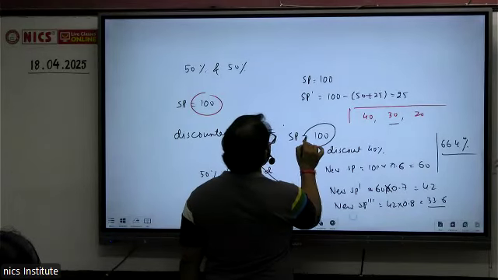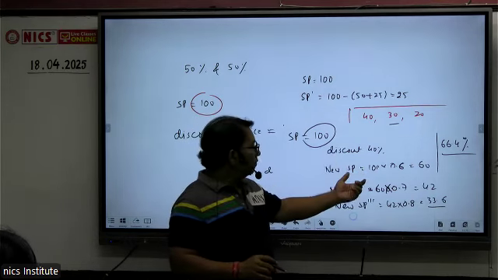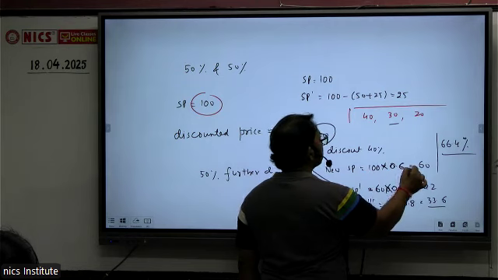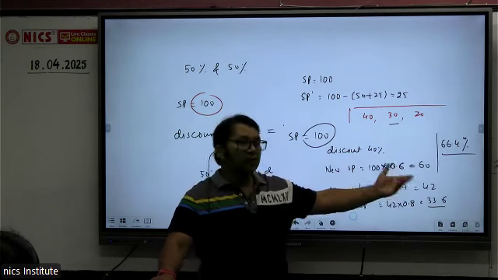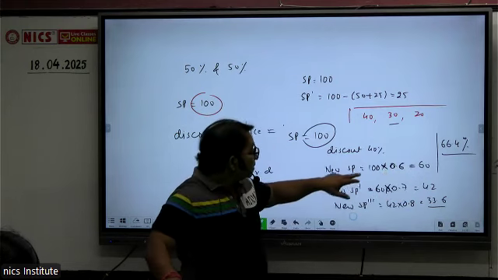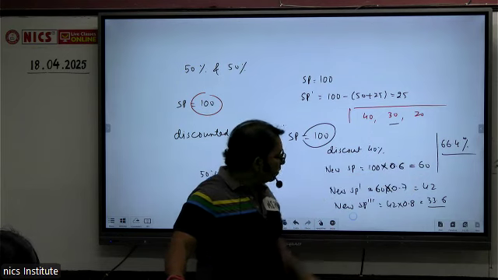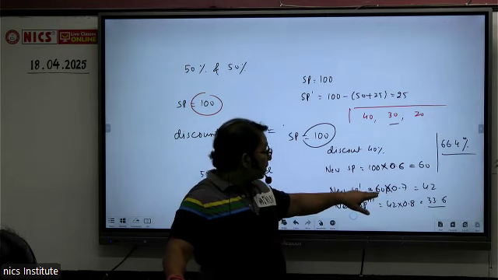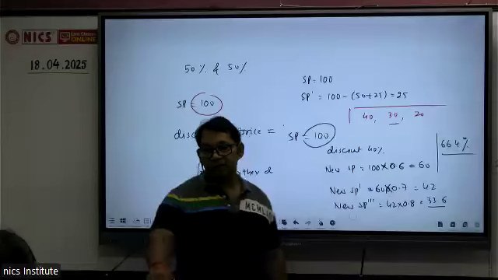I've taken initial SP as rupees 100. You're getting a discount of 40%. So how much you have to pay? 100 into 0.6, 60 rupees. Something 100 rupees is costing you 60 rupees, 40% discount. Now on 60 rupees, there's a discount of 30%. That means the new price should be 70% of the original price. So 0.7 into 60, 42 rupees.